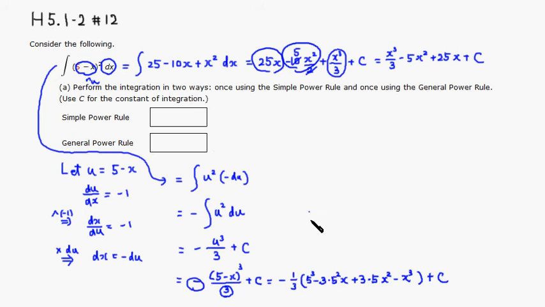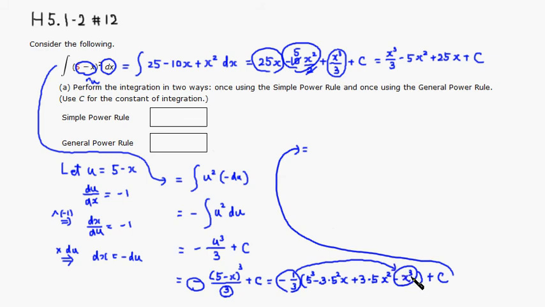Then try to simplify it. There's negative 1/3 times, let's do the highest power first, negative x cubed, so that's x cubed over 3.